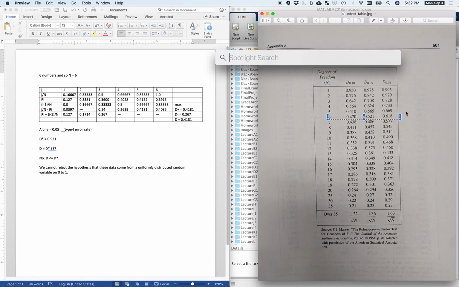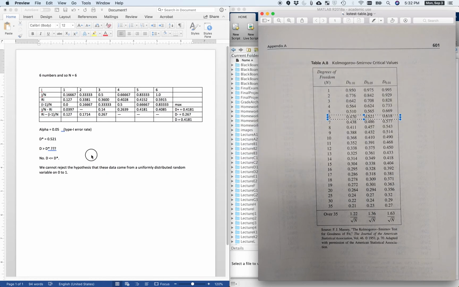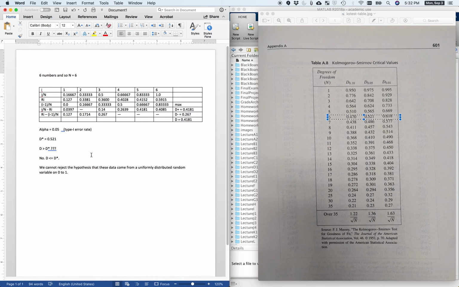I mean, the width of a bin is 0.1666. So even if you were inside the bin, you could be 0.1666 away from the top edge of the bin, and so already, that's not so great.